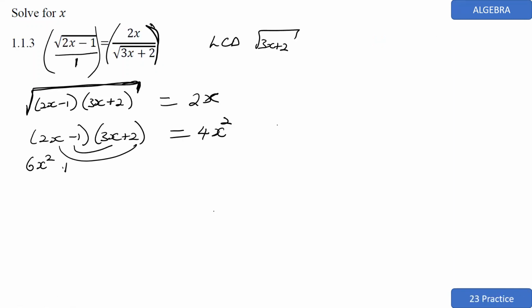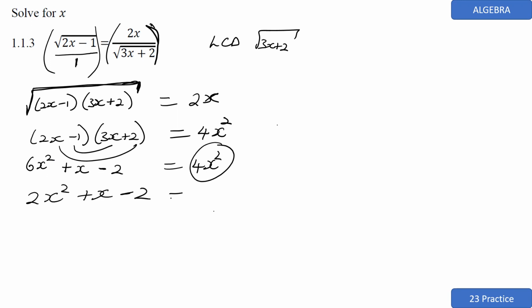Looking at the last terms, minus 1 times 2 is a negative 2, which is equal to 4x squared. We're going to bring our 4x squared to the left-hand side. 6x squared minus 4x squared will give me 2x squared plus x minus 2. Okay, so there's our trinomial.